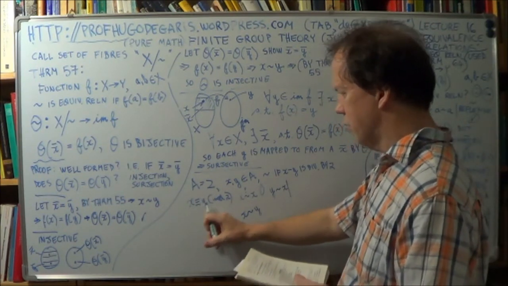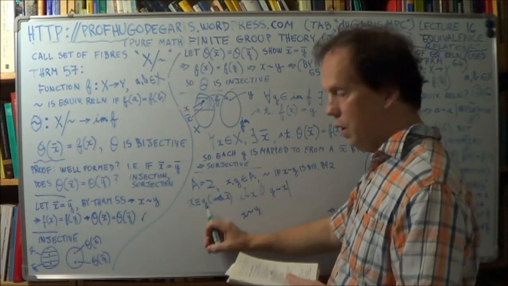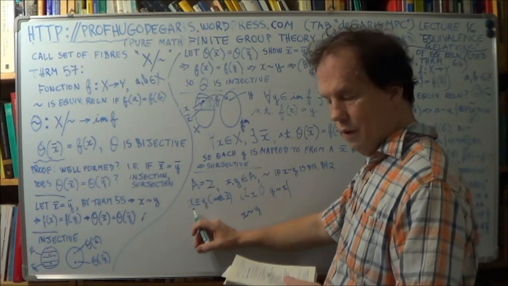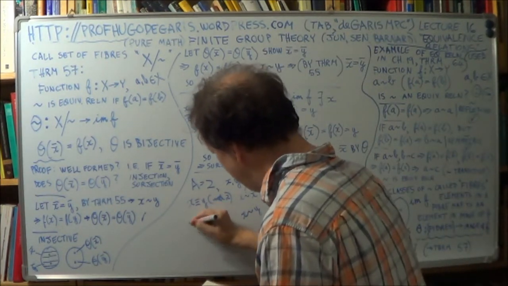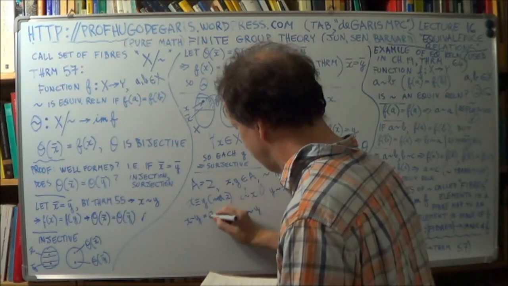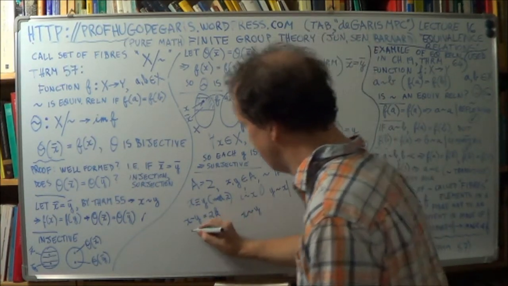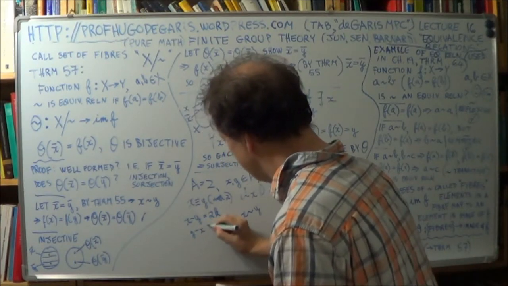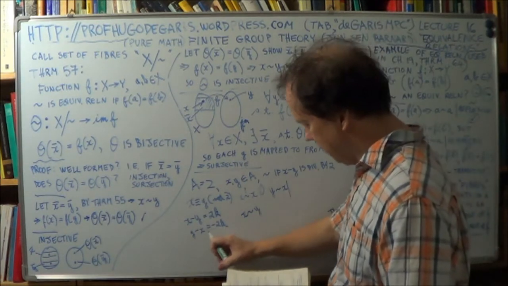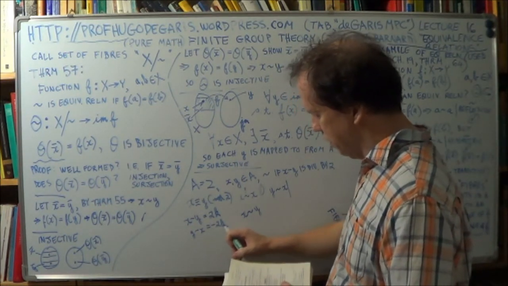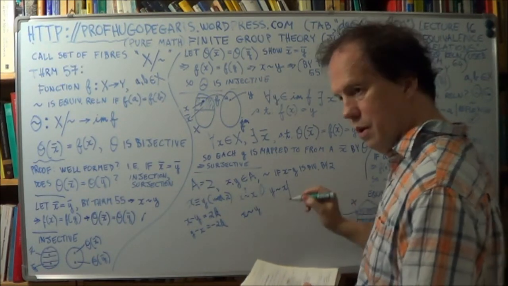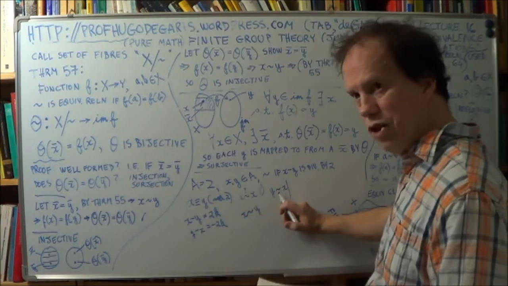If x is congruent to y mod 2, is y congruent to x mod 2? Put it this way: if x minus y is divisible by 2, then it's of the form 2k, where k is some integer. Well then y minus x will just be minus 2k, and therefore you can divide that by 2. So that's true. So this relation is symmetric.